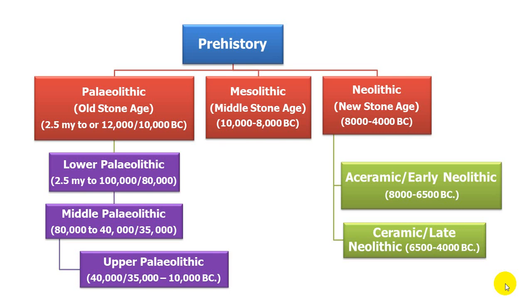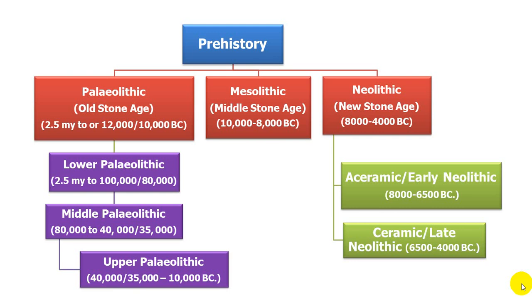The second, Mesolithic, which means Middle Stone Age, starts from 10,000 up to 8,000 BC. The last one is Neolithic or New Stone Age, starting from 8,000 up to 4,000 BC. All these main periods have been divided on the basis of their stone tools technology.